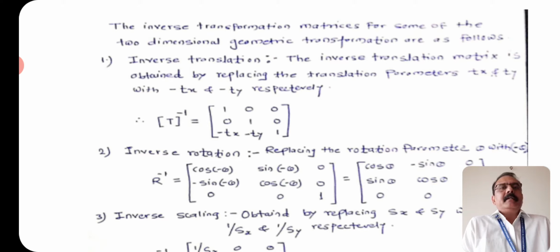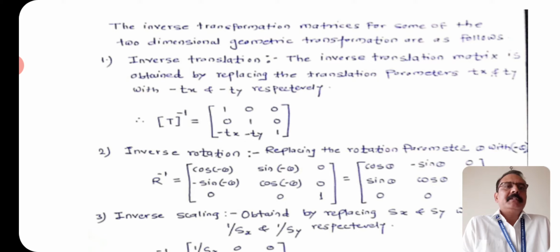It is denoted by T inverse, which is equal to 1 0 0, 0 1 0, minus Tx, minus Ty, 1.